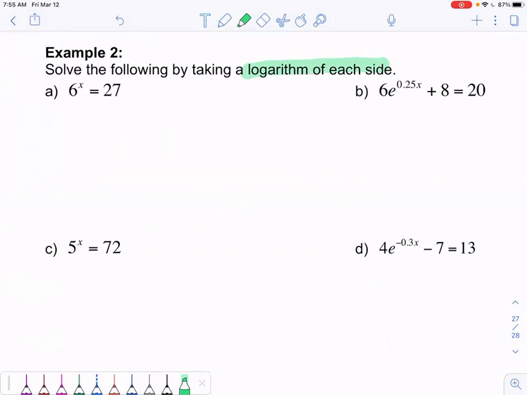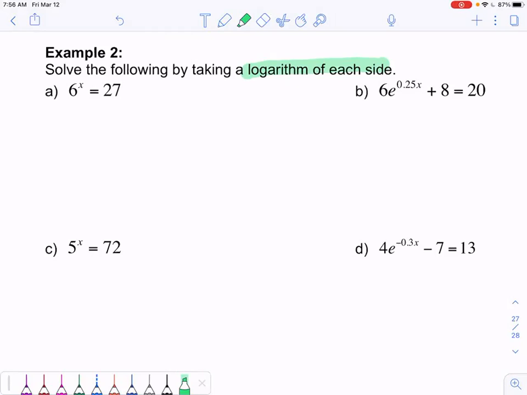is there a power of x that'll give us 27 when we're talking about 6? Well, 6 to the first is just 6. 6 squared is 36. So that means 6 to the x has to be between 1 and 2. But we don't know what number that is.